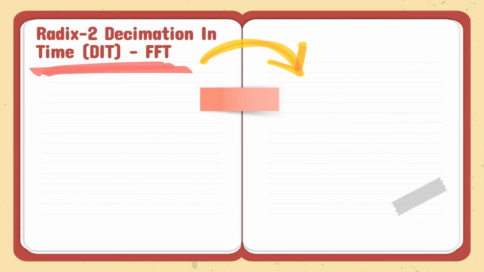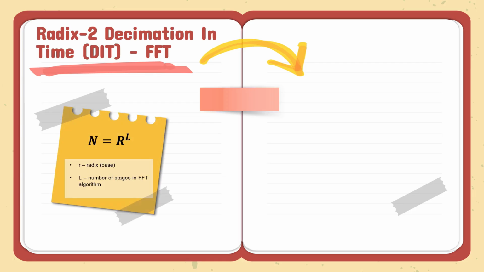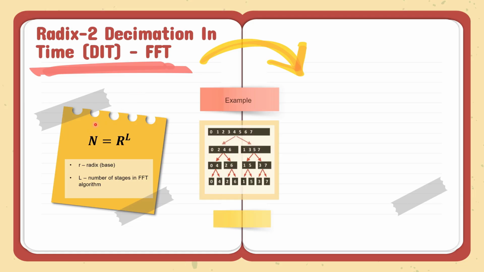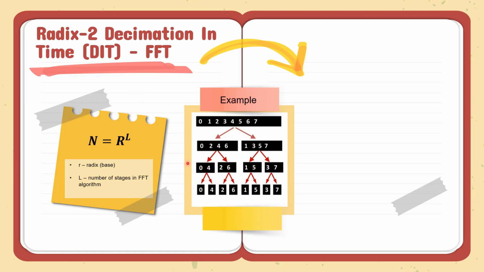For the radix-2 DIT FFT, the N will basically depend on the N-point. For example, if we are computing an 8-point DFT, then N will be equal to 8 here. Then R is the radix, or we can call it the base.